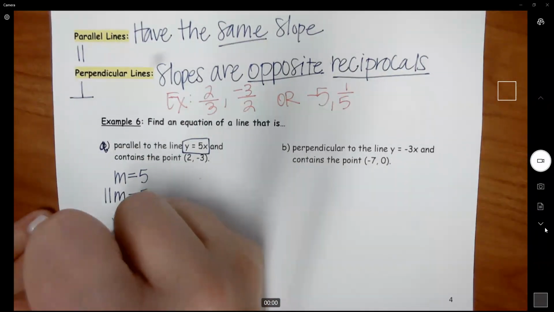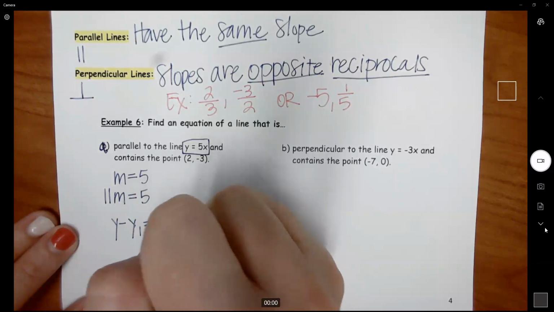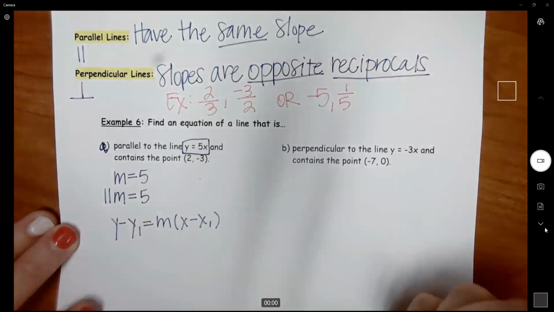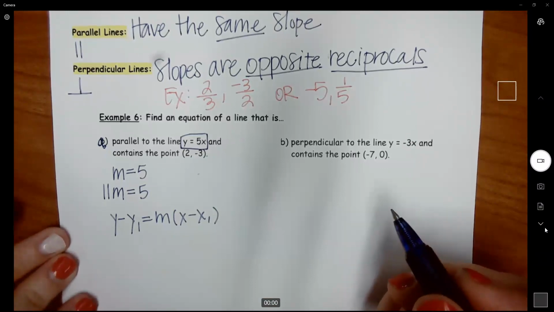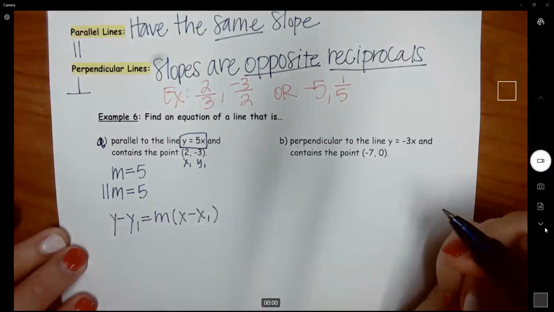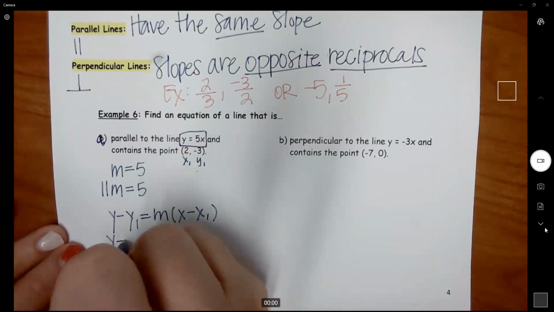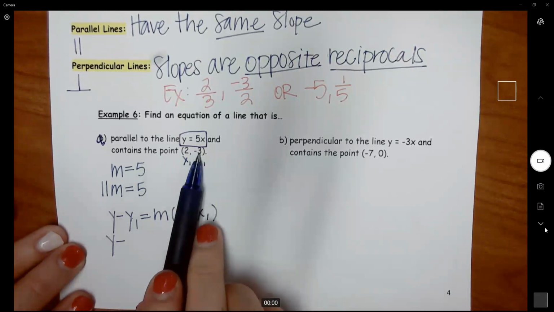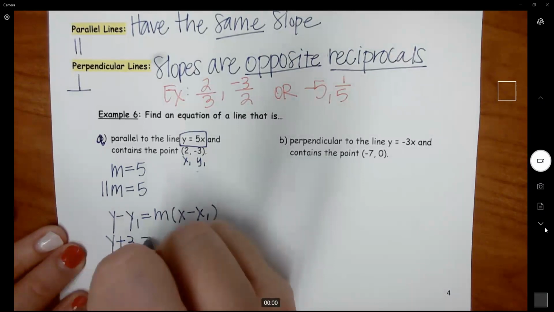So we are going to be using point slope formula. y minus y1 equals m times x minus x1. Here is my x1, y1, and here's my m. So I've got y minus, my y1 is -3, so minus a -3 becomes a +3.